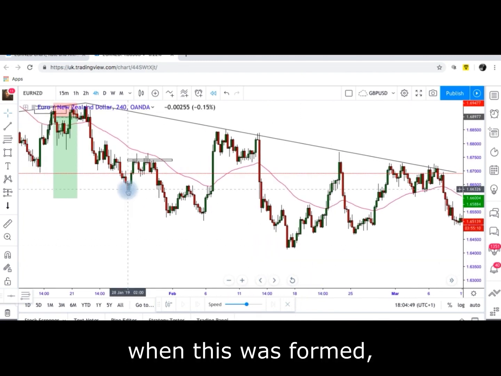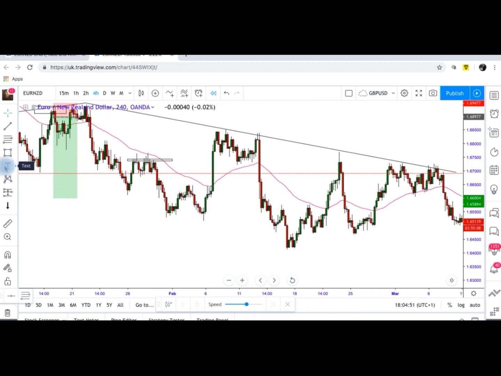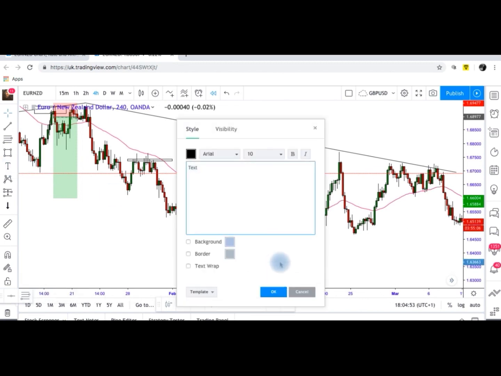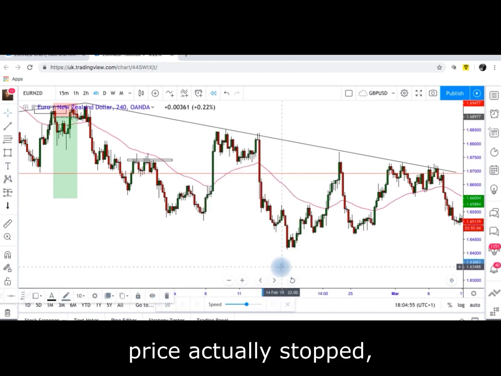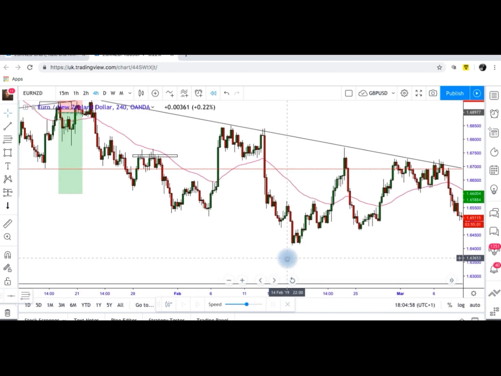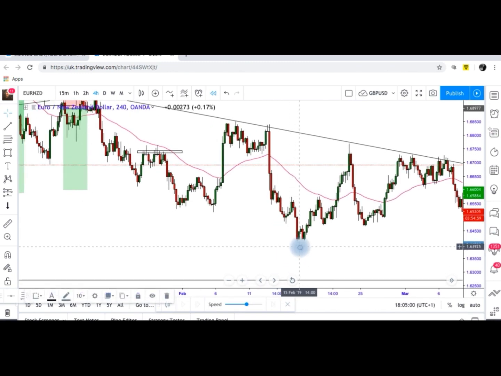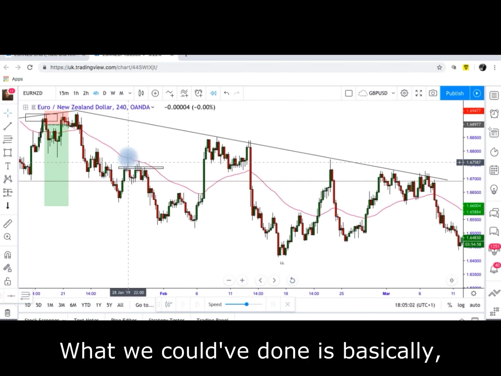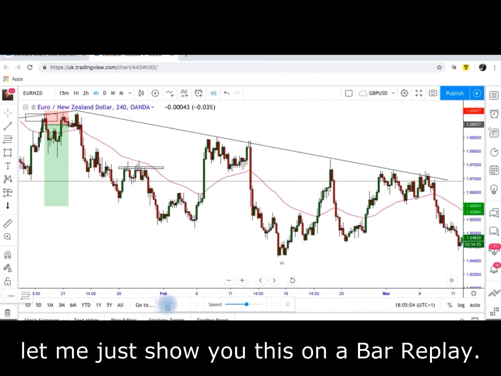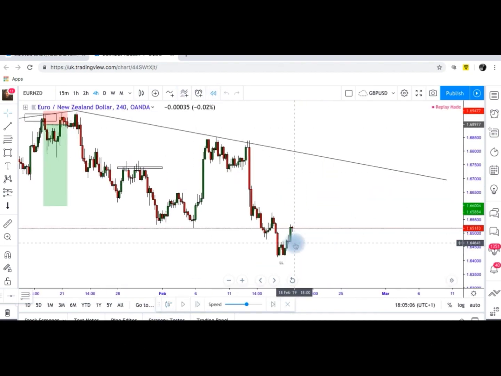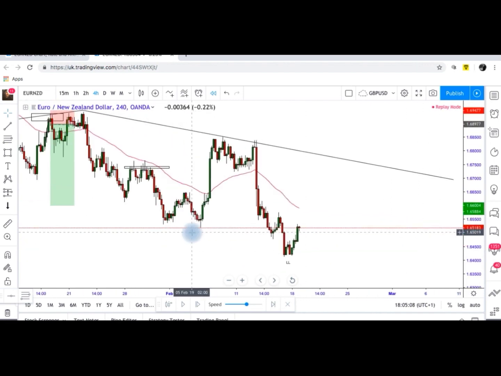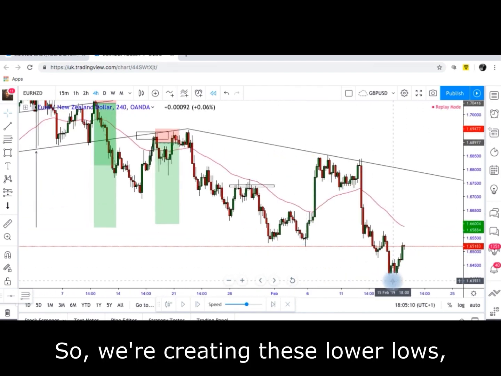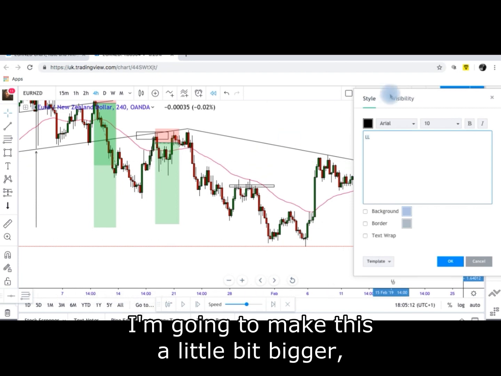Now, when this was formed, price actually stopped. Like so. What we could have done is let me just show you this on a bar replay. So we're creating these lower lows. I'm going to make this a little bit bigger.